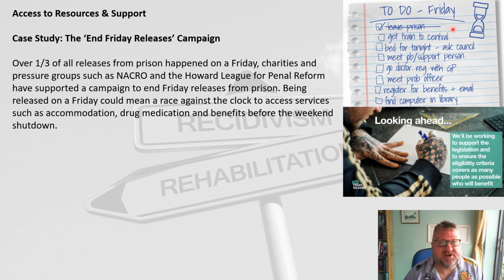So, here's your to-do list on a Friday: leave prison, get a train to Central Bedford tonight, ask the council, meet the job support person, go to the doctor, the GP, meet the probation officer, register for benefits and email, find a computer and library. All those things you've got to do on a Friday with 46 quid, and you've got a limited time to do it because on the Saturday all those will have closed down.